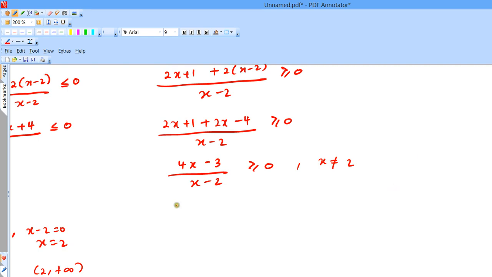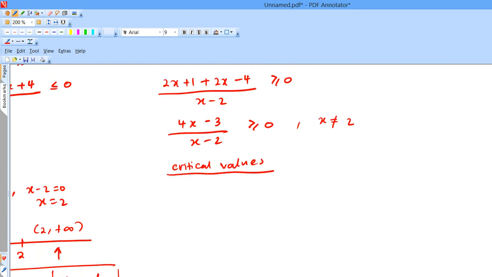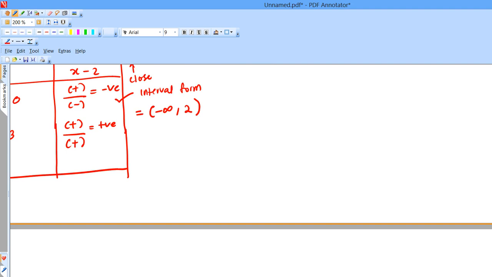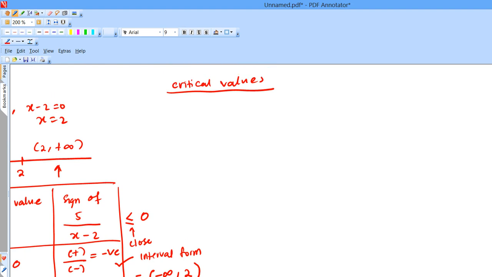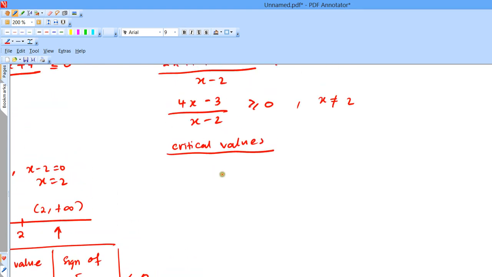And for critical values, from the numerator, we have 4x − 3 = 0, x = 3/4.